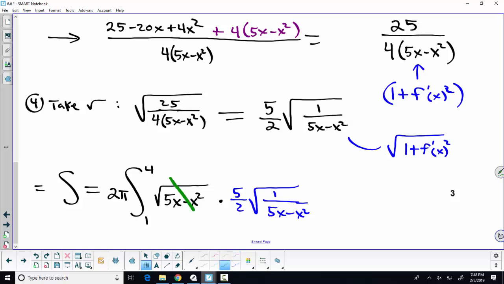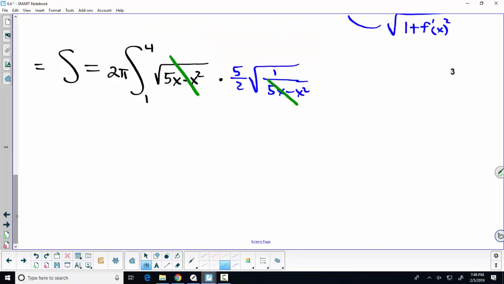All right, so that root cancels with this root. So we just have 5 halves dx times our 2 pi, so we really just have 5 pi times the integral from 1 to 4 of 1 dx, or dx if you want to look at it like that.